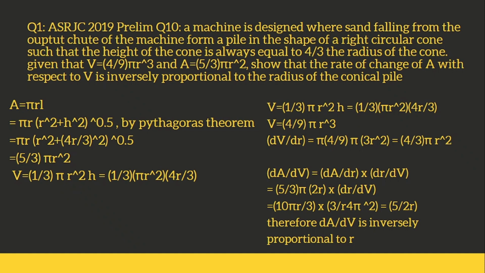Then we substitute, and we get 5/3 pi times 2r times dr/dV. For dr/dV, it's just the inverse of dV/dr. After you simplify everything, you get 5/(2r). Essentially, it's inversely proportional to r, because the r is in the denominator. Therefore dA/dV is inversely proportional to r.